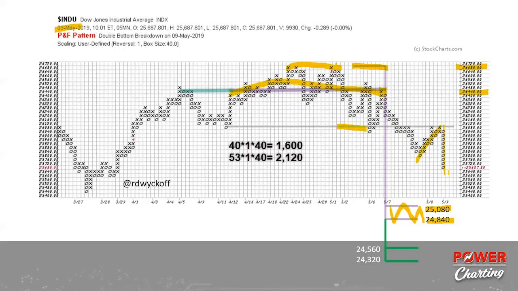And so the composite operator is no longer supporting this market. They were supporting it up here because they wanted to continue to sell stock as long as they could in the distribution area. But now there really is no good support and the market is moving easily down.